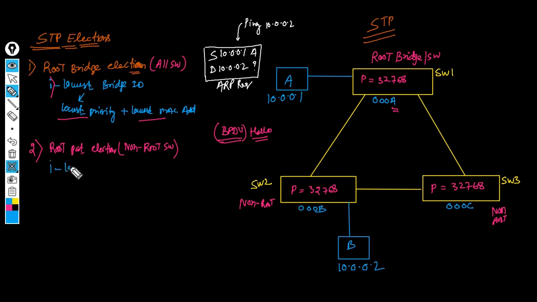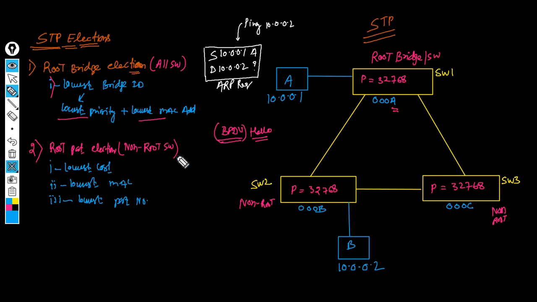The first is the lowest cost. The second is the lowest MAC address coming in the path, and the third criterion is the lowest port number.